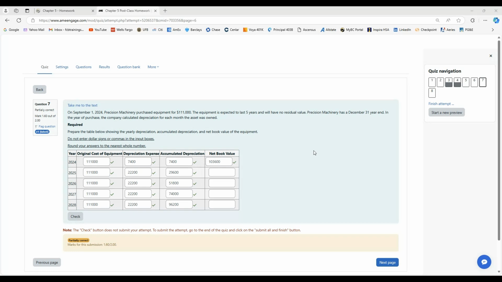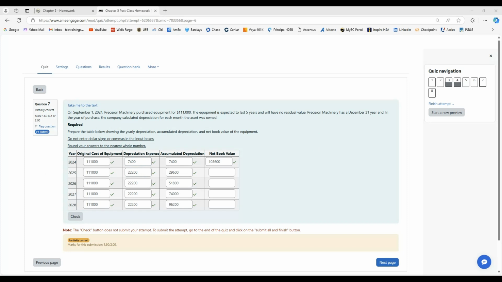And then, again, I'll just say that again slowly. Full purchase price divided by 5 years gets us 22,200. So if you had it for a full year, the depreciation expense would be this. But if you have it for 4 months, it's only this. If you want to think of it as a third, right? 4 times 3 is 12, full year.